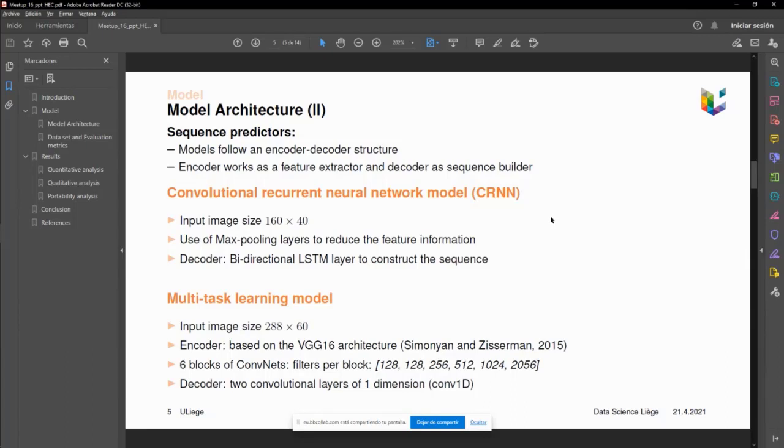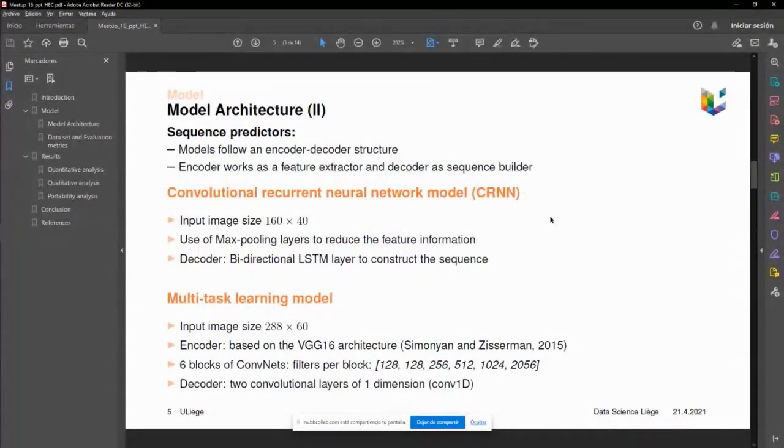As its name indicates, it's a combination of convolutional layers and recurrent layers. This model was developed first for scene text recognition, and we thought that it could perform very well in this scenario. This model also was the first one we developed, so our first idea was to have a lightweight model.